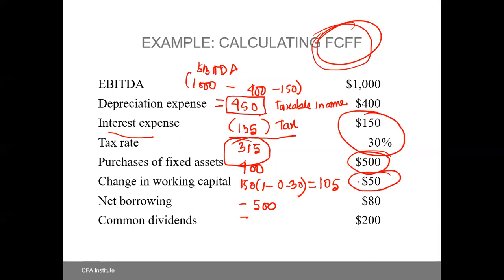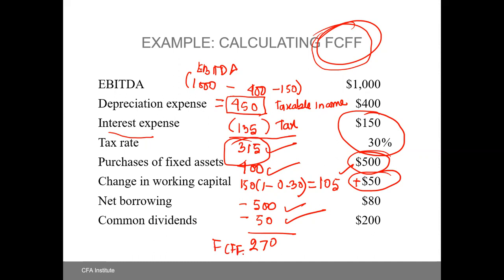That means we need to make an investment of 50. Now, can you please sum these up? 270. Okay, what is it? Free cash flow to the firm.